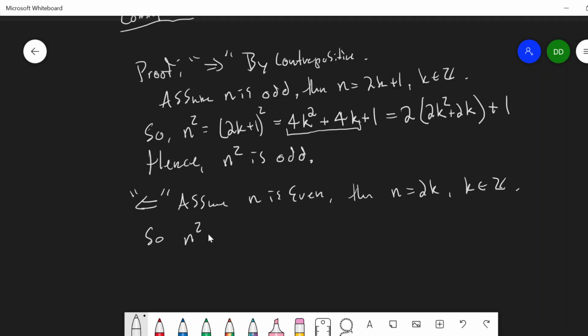So n squared, trying to show that's even, is 4k squared. If I square 2k, I get 4k squared. And I can easily factor a 2 out of that. That's 2 times 2k squared. So I'll say hence, n squared is even. So forward direction by contrapositive, got that. Backwards direction directly, got that. All done.